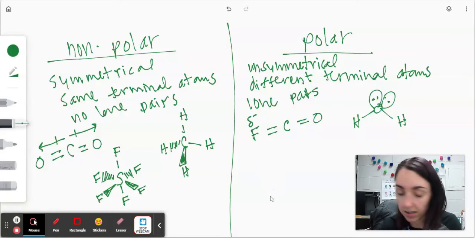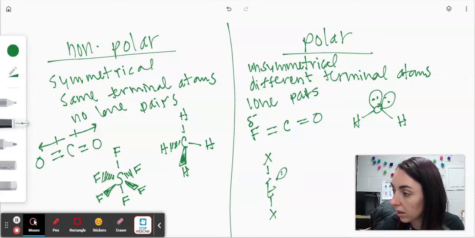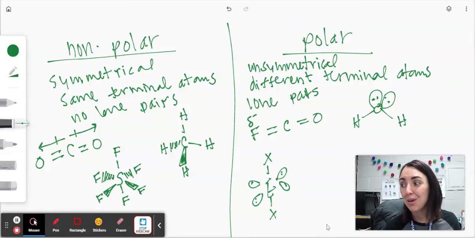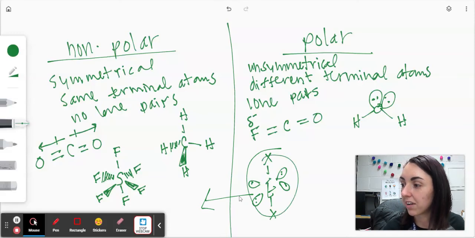It's the last picture on your geometry sheet, and it looks like this. It's got 4 lone pairs. So this one is an exception to the lone pair rule. It has lone pairs, but it actually is still non-polar. So that goes over here to the non-polar side.